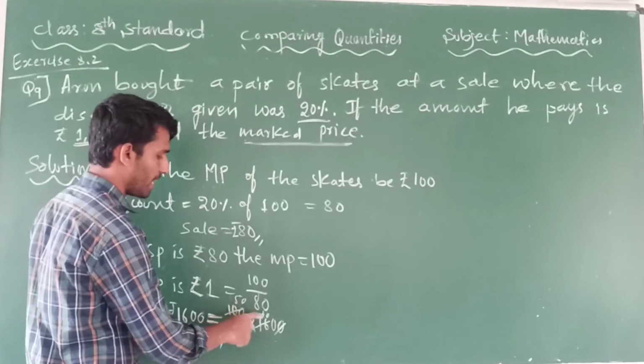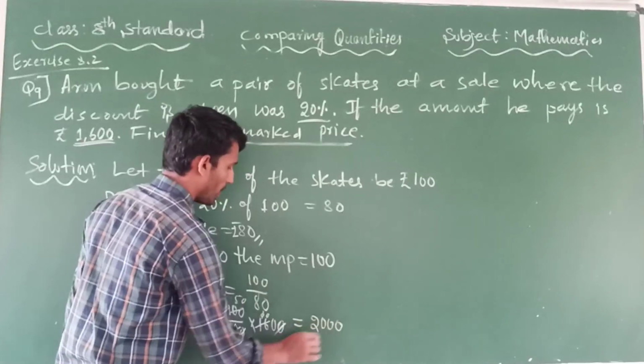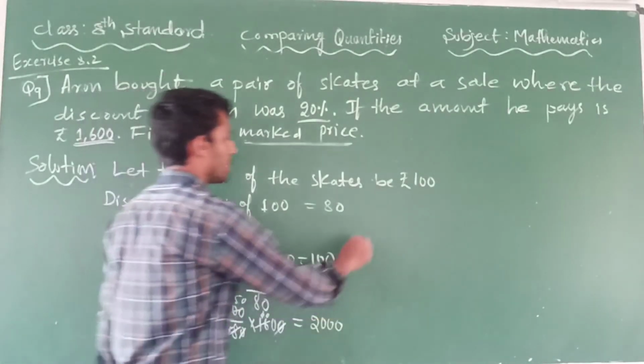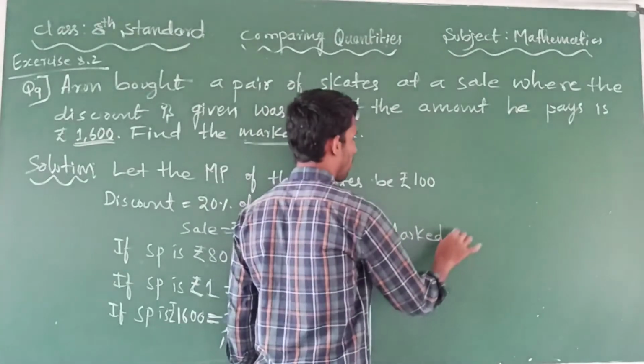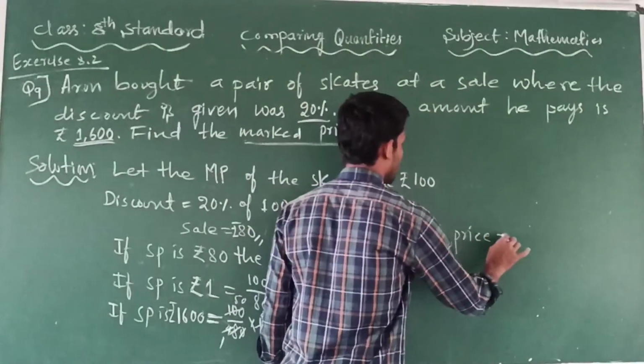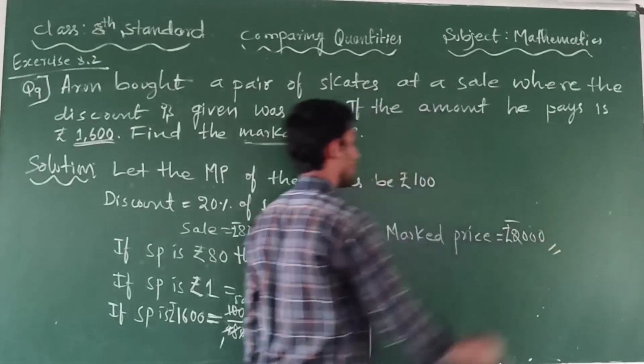Now you multiply 50 into 40. You will get 2000 rupees. Now we can write, marked price is 2000 rupees. Okay, this is the solution.